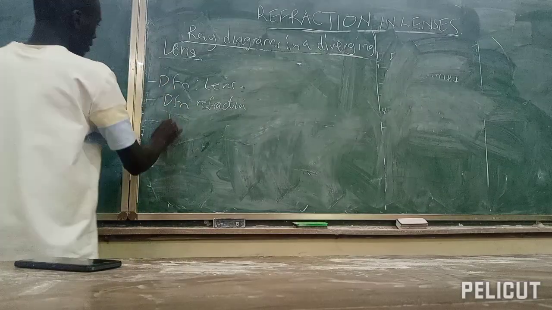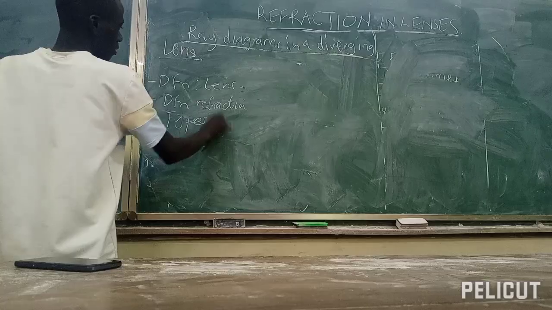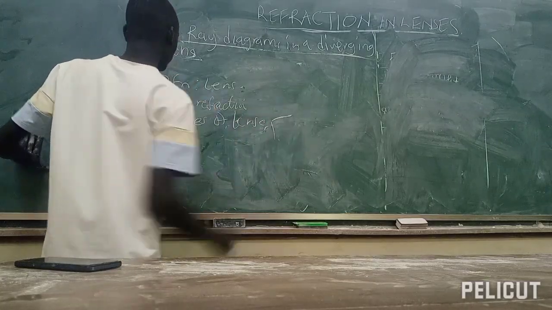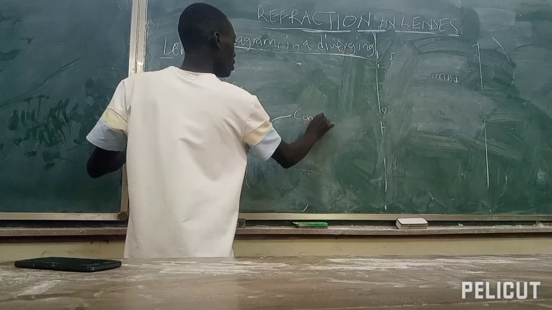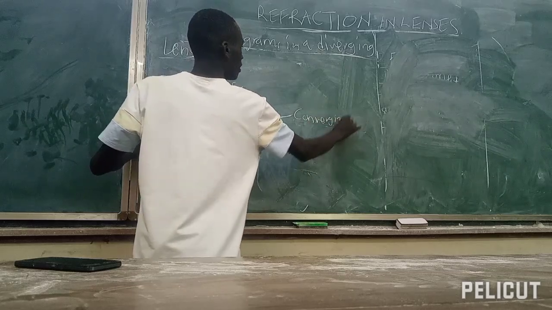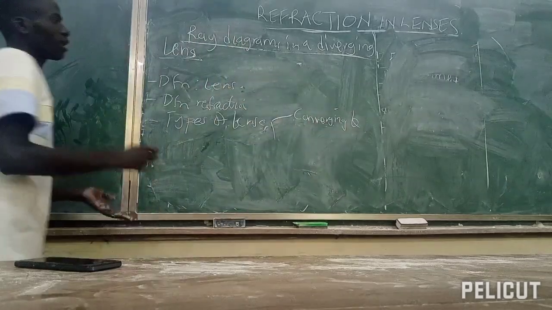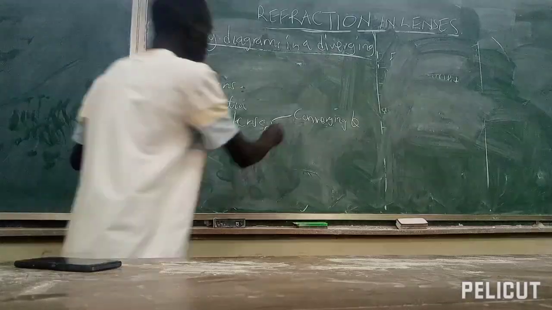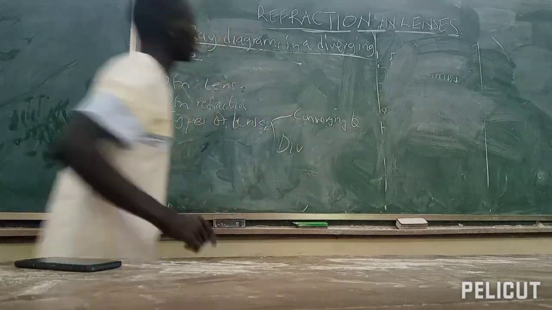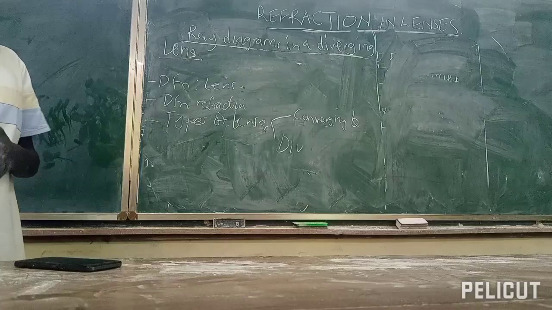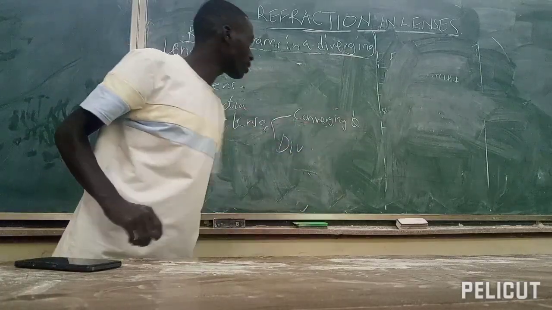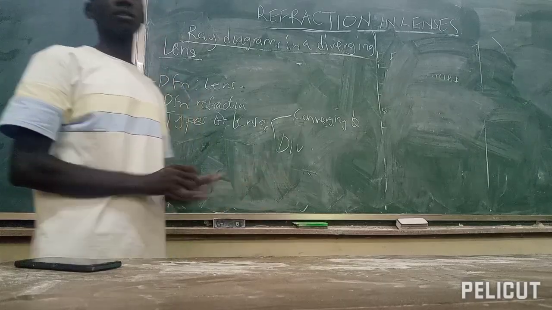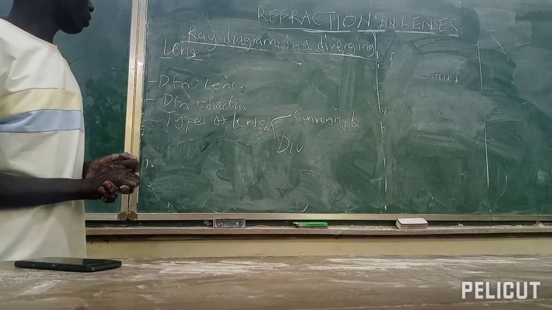We looked at types of lenses, where we say there are two types of lenses: the converging lens and the diverging lens. Another name for the converging lens is the convex lens. Then for the diverging lens, it is also called a concave lens.